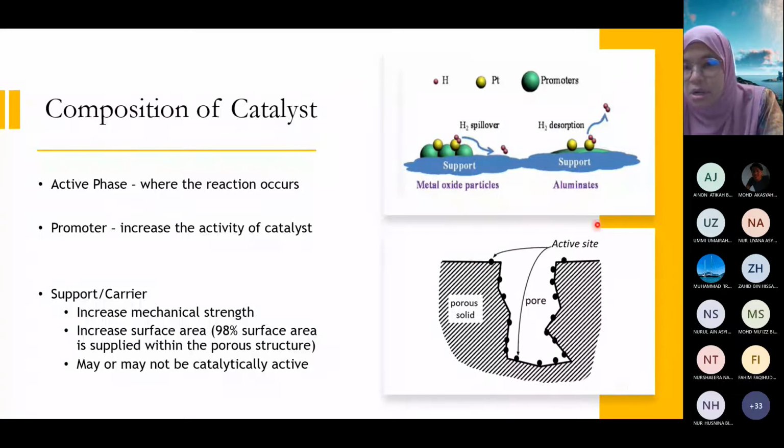So this is an example of what a porous catalyst looks like. The part where the reactant attaches, we call the active site. For a porous catalyst, there is a pore mouth where the reactant can adsorb inside, which consists of active sites. If it is non-porous, the active site is only at the external surface.